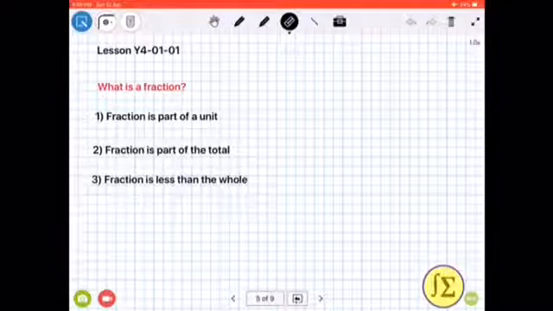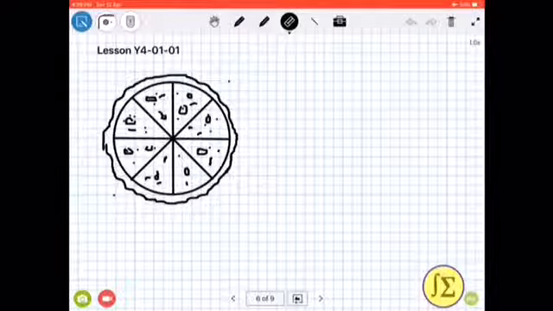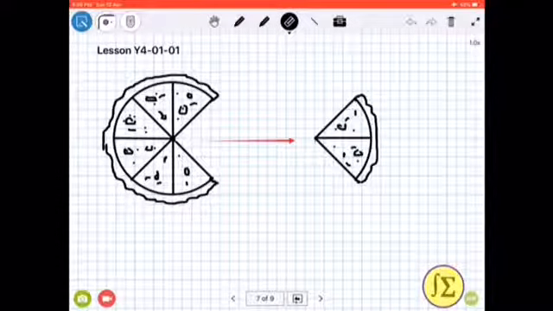So to understand this better, let's take a look again at the pizza example. We have a whole pizza here. It's been sliced into 8 equal pieces, and let's say we take out 2 pieces.